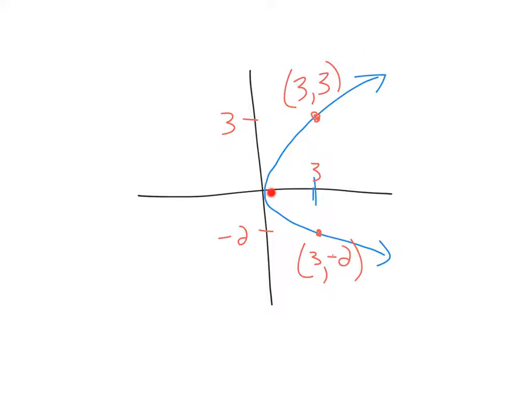So this graphical representation of a relation does not represent a function because for one input, we have two outputs. And so if I think about drawing a vertical line, notice how that vertical line will intersect the graph in more than one place, which means that the graph does not represent the graph of a function.